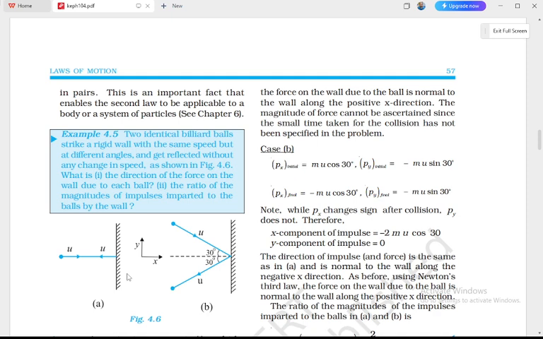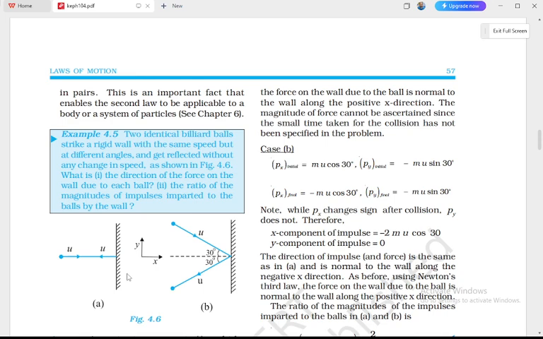One note: Px changes sign after collision, Py does not. Therefore, the x component of impulse equals minus 2 m u cos 30 and the y component of impulse is equal to 0, right?